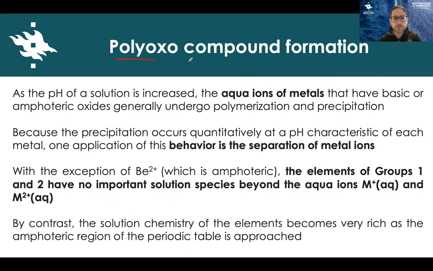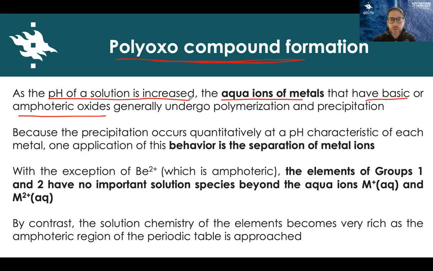Going further into this polyoxo compound formation, if we have a solution containing aqua ions of metals that have basic or amphoteric oxides, then as we increase the pH of this solution, we are increasing the concentration of OH minus species.